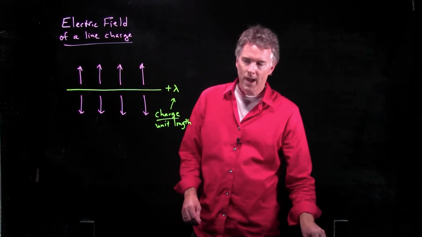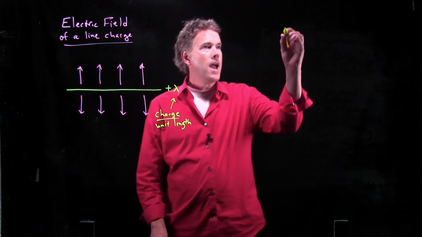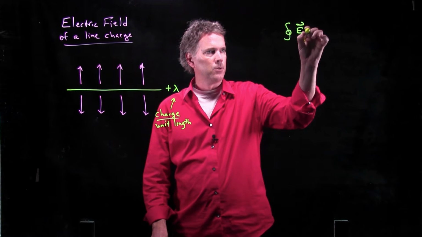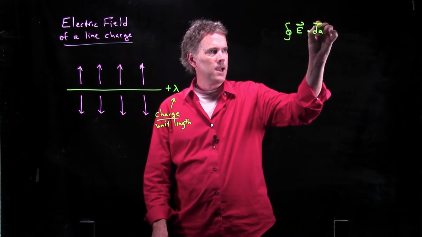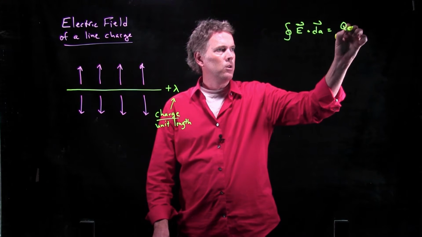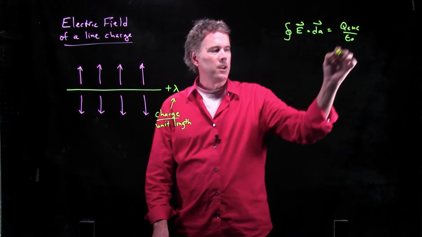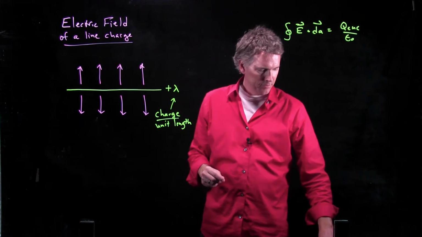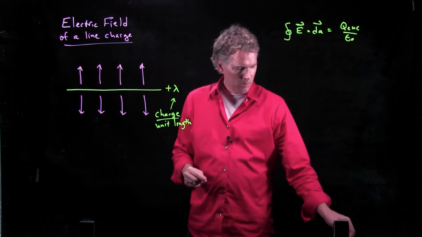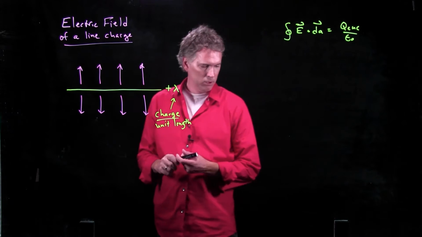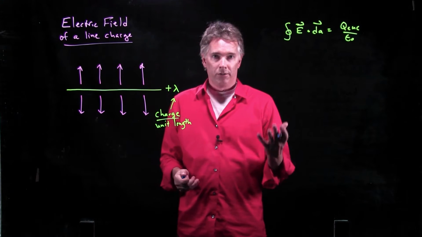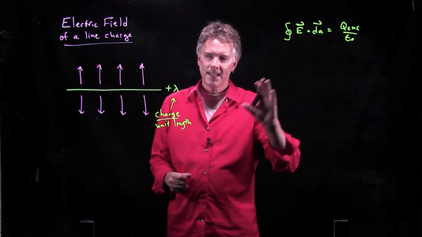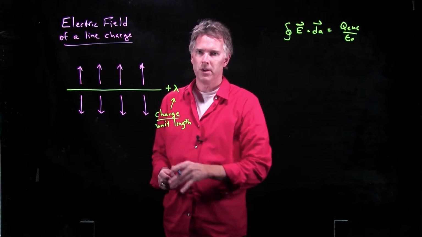Remember, when you have your picture and you write down Gauss's law, integral E dot dA equals Q enclosed over epsilon naught, the next thing you want to do is draw a picture of the surface that you're looking at. So let's try blue. What would our surface look like? Remember, you want to draw a surface that takes advantage of the symmetry.